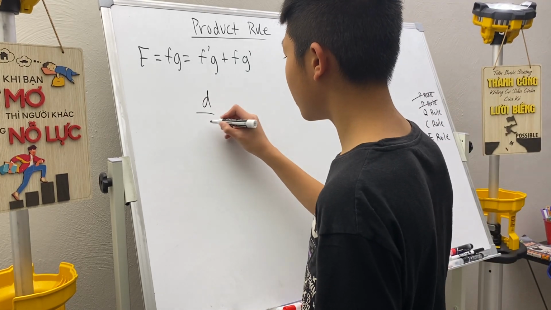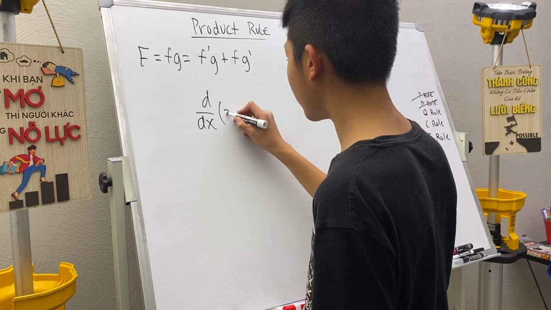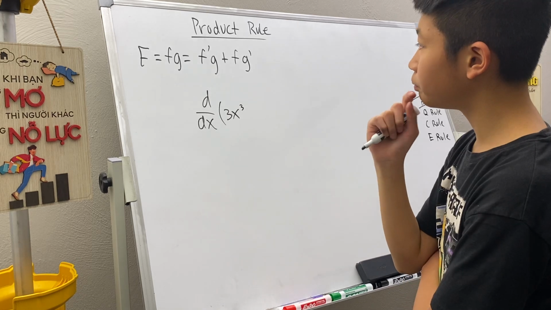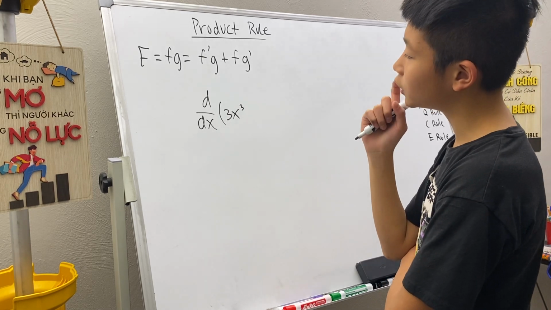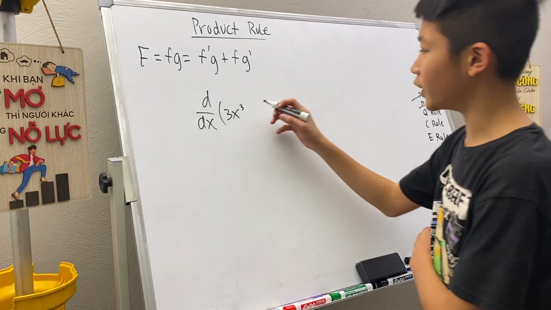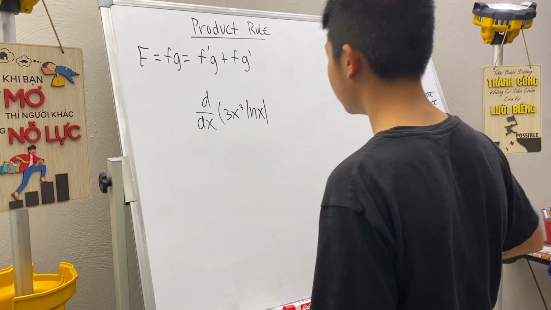taking the derivative of 3x cubed times natural log of x. Yeah. Oh shoot.